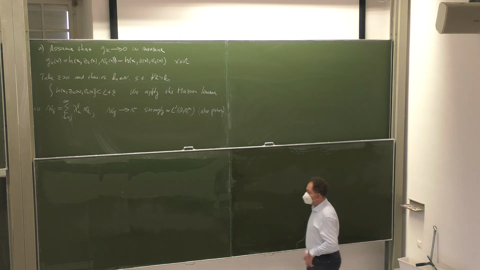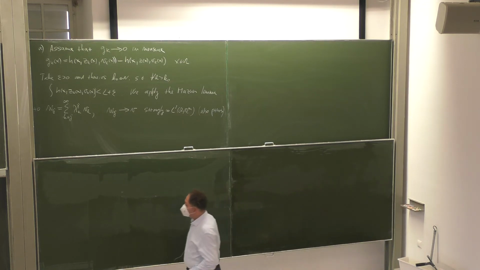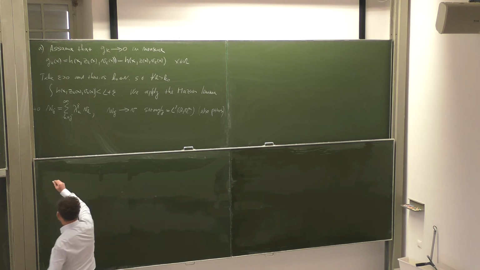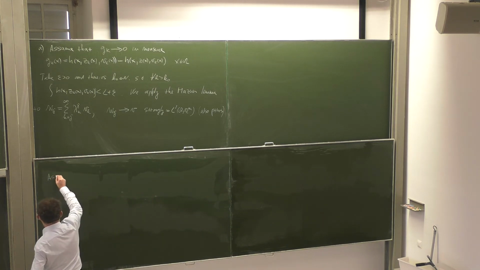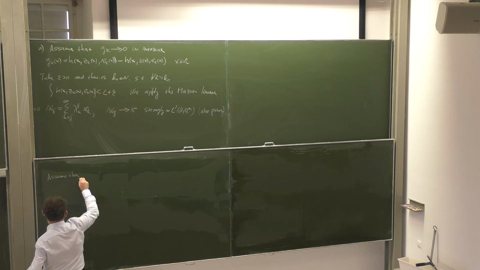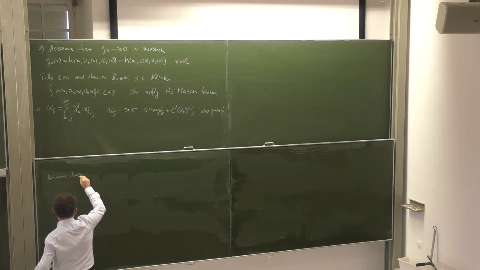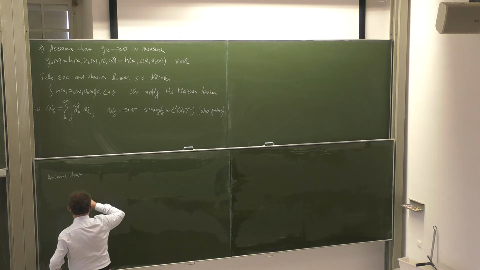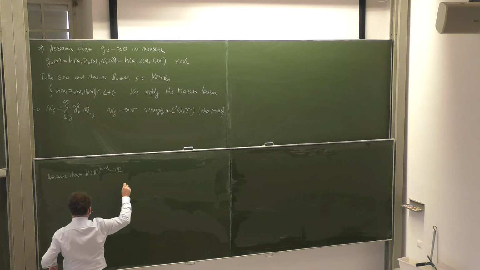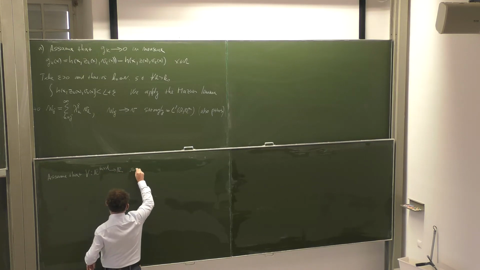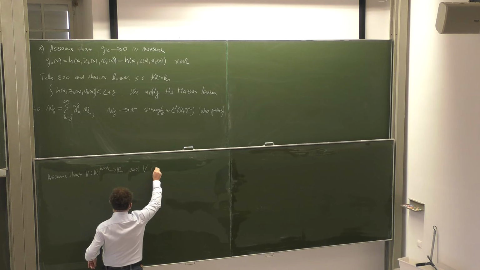Assume that you have a function V from R^(n×d) to R, and V is convex.